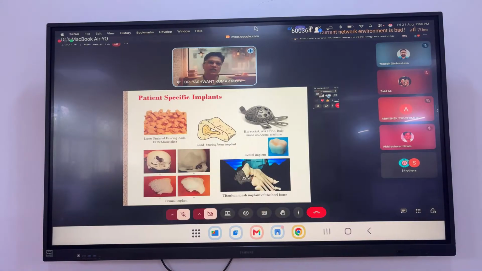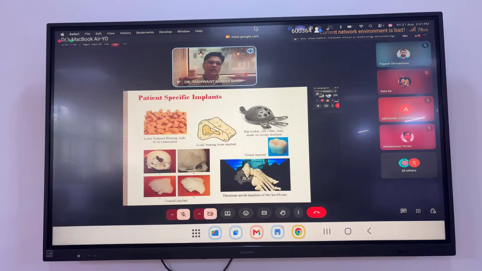We all know that the anatomical shape of the skull of every human being differs slightly from one to another. So this conformance is taken care of while in the CAD modeling software.